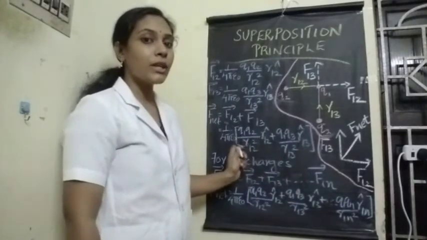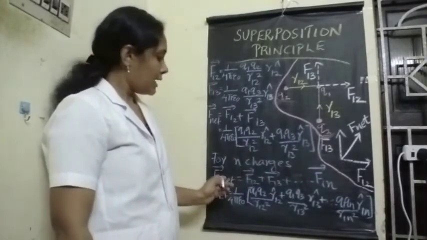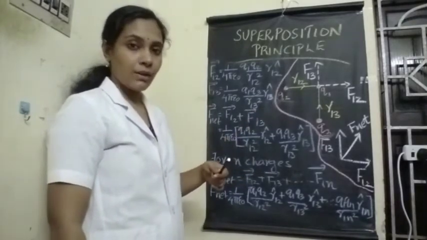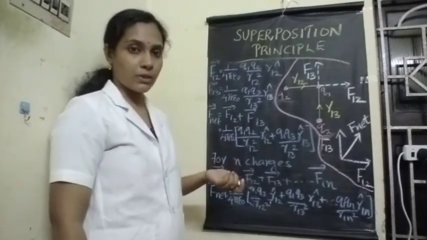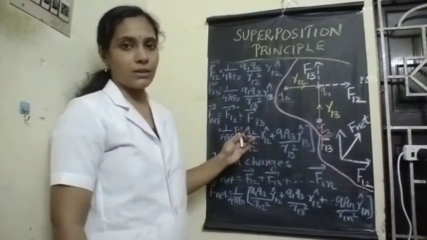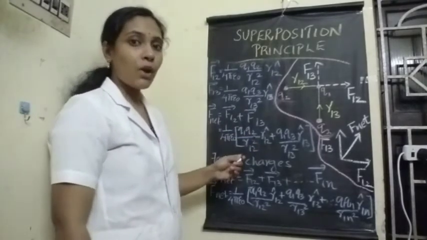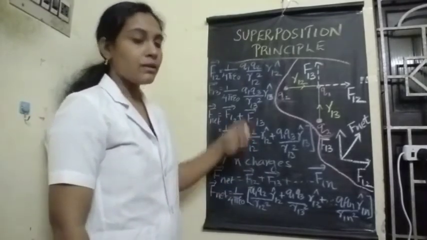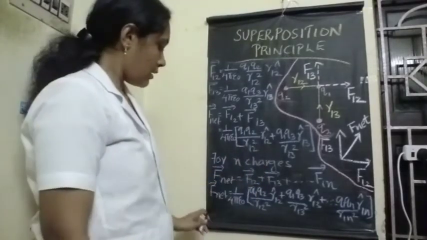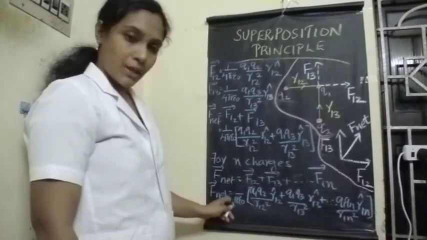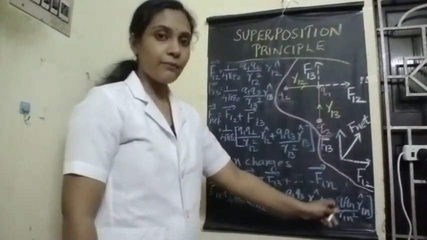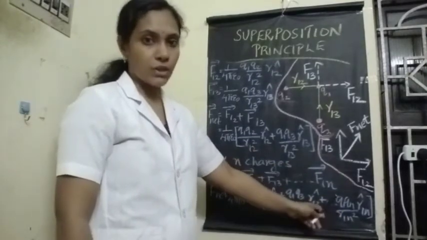Okay, so this will be the expression for the total force acting on charge Q1 due to these two charges as per the superposition principle. Next, suppose n number of charges are present here. How can we use the superposition principle? This result can be generalized to any number of charges. F net is equal to F12 plus F13 plus etc. plus F1n, that is for the nth charge.